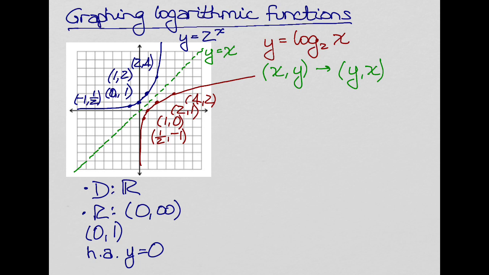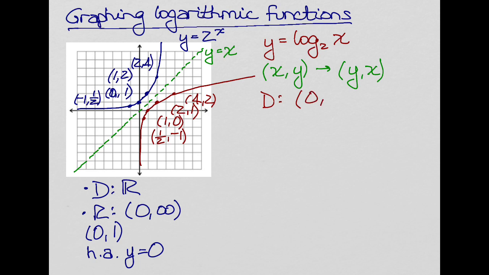Let's make some observations. You might remember, since the roles of x and y switch for the inverse, the domain and the range flip-flop, and that's consistent with what we can see on the graph. The domain of this logarithmic function is positive x values only, which is the range of the exponential function.